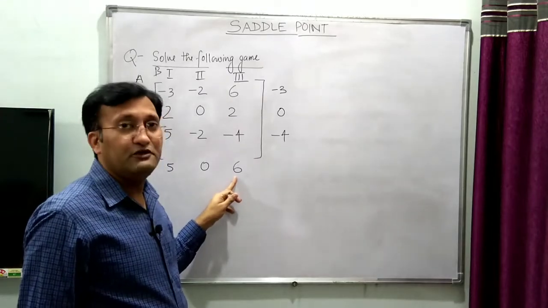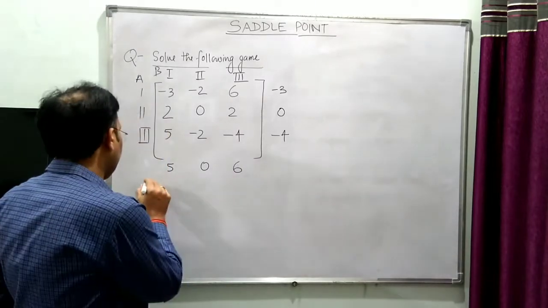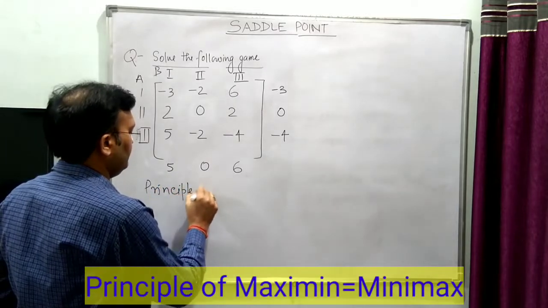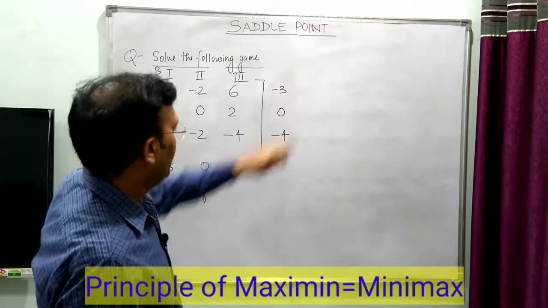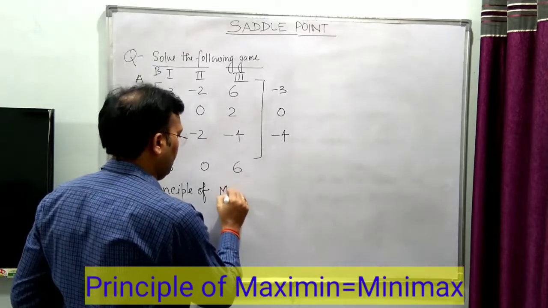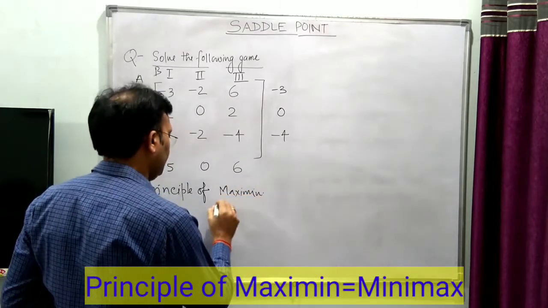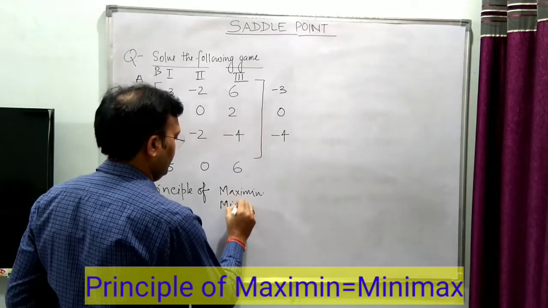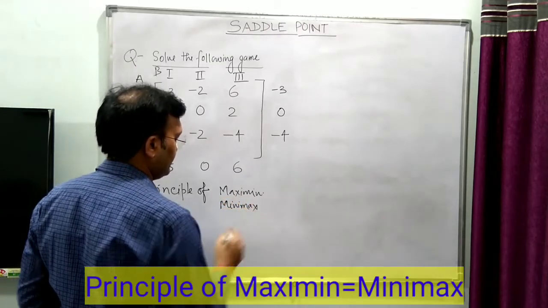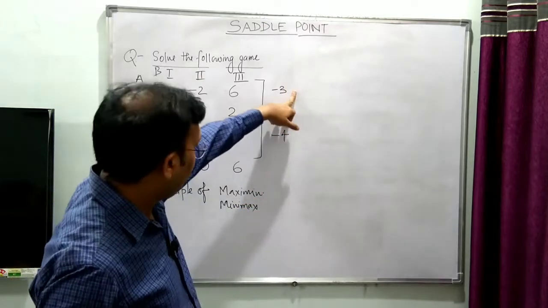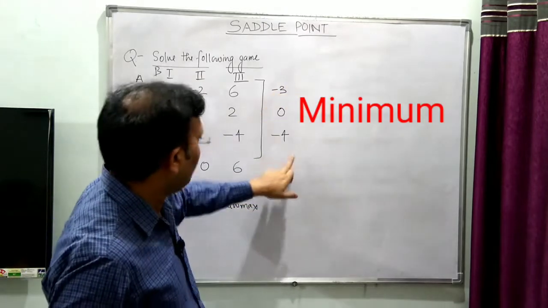Now what we'll be doing, we'll be following the principle of maximin and minimax, right? So for row, we have found out the minimum element.